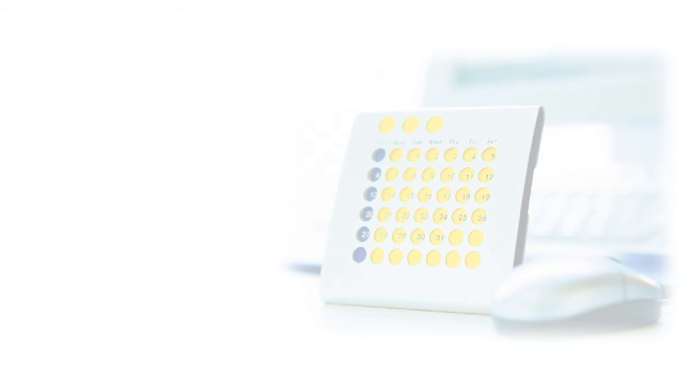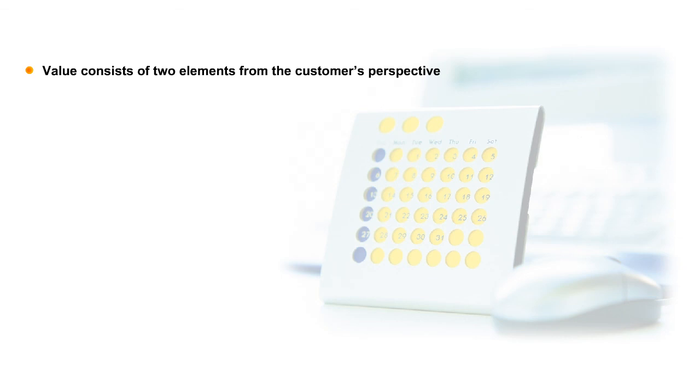From the customer's perspective, value consists of two primary elements: utility, or fitness for purpose, and warranty, or fitness for use. Utility is perceived by the customer from the attributes of the service that have a positive effect on the performance of tasks associated with desired outcomes.